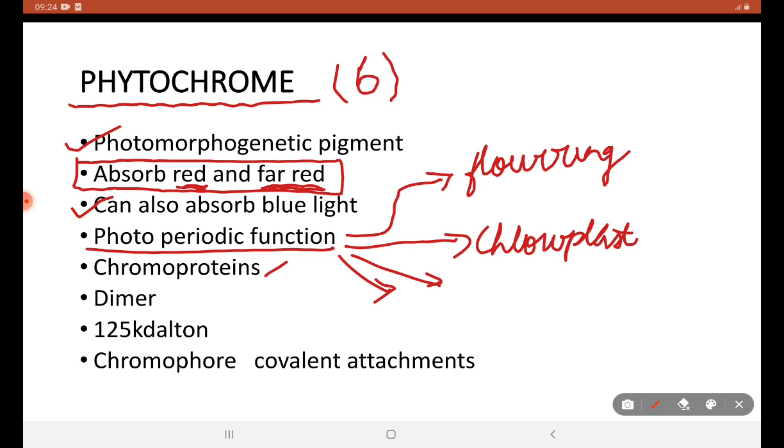These chromoproteins occur as a dimer. Each component in a dimer has 125 kilodalton. And the chromophore dimers are bound by covalent bond.